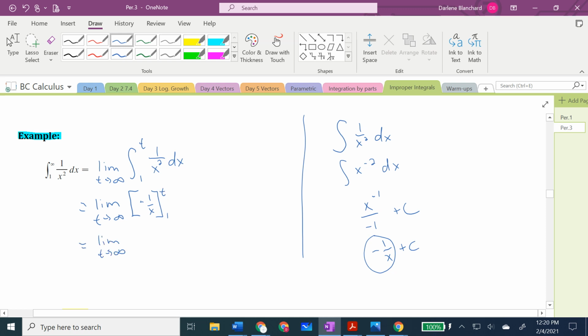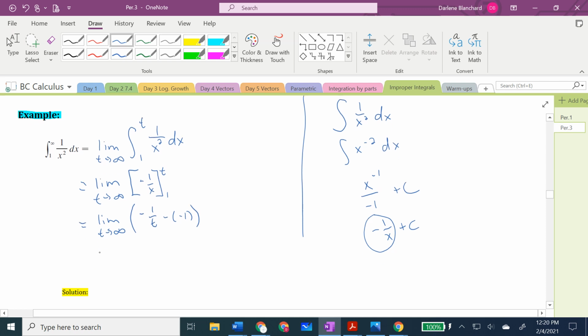It is important that you write the limit as t approaches infinity in front every time. And do you see what that is? This has a limit of 1.